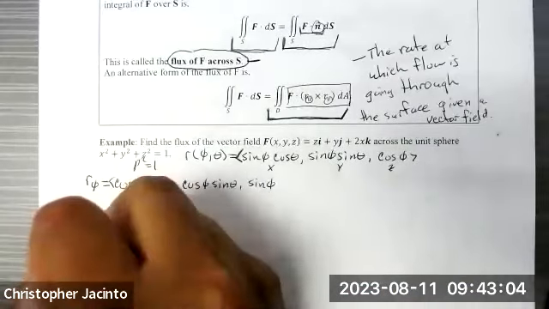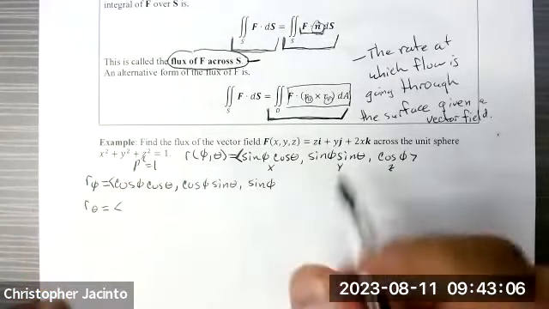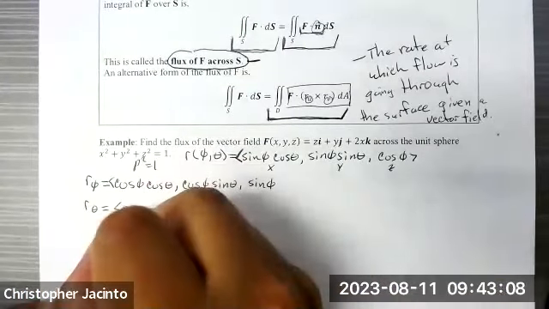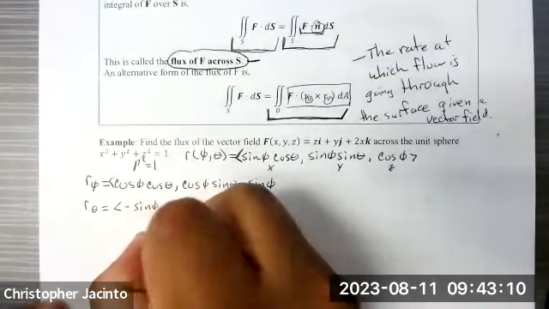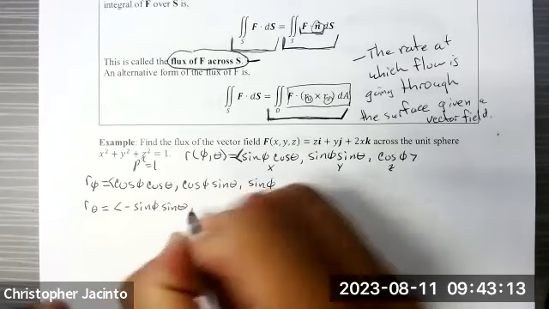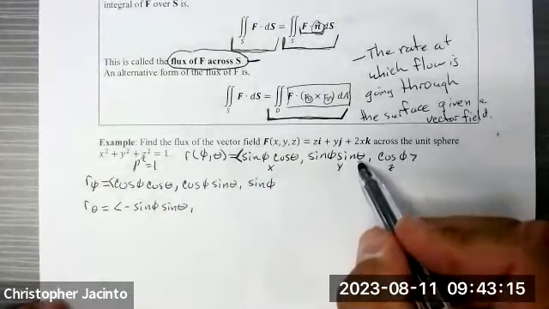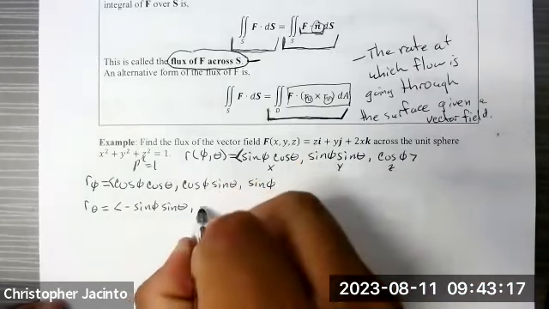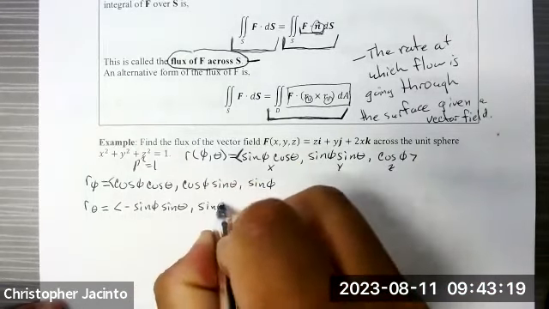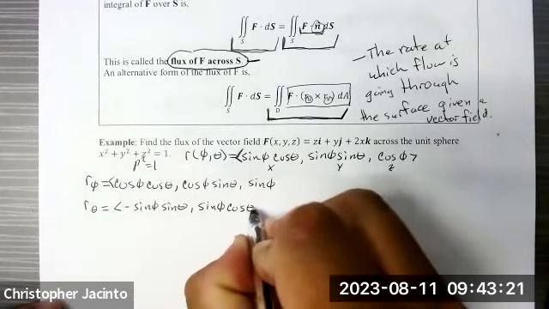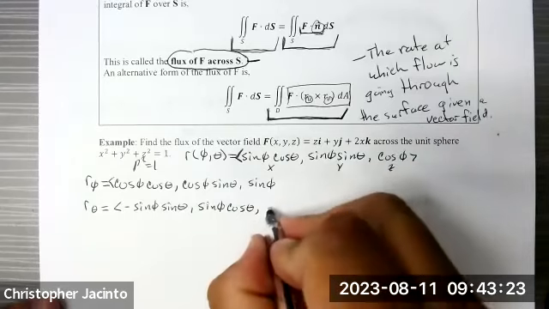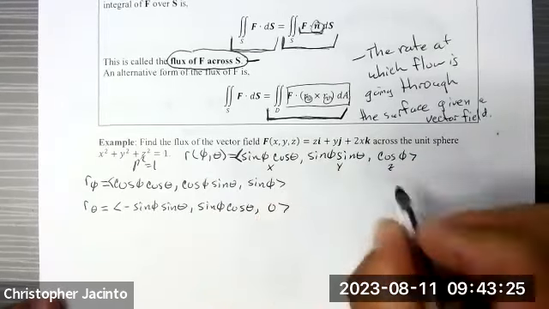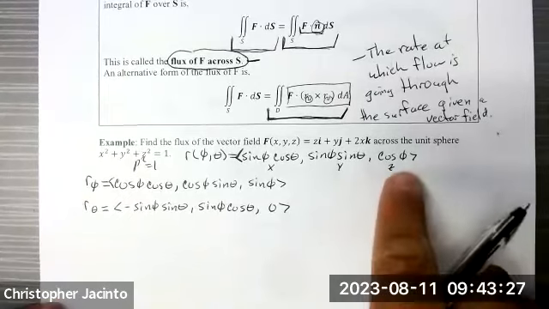Then with respect to theta, it's going to be negative sine phi sine theta, sine phi cosine theta, and this one's going to be 0, because there's no theta there, so it's just 0.